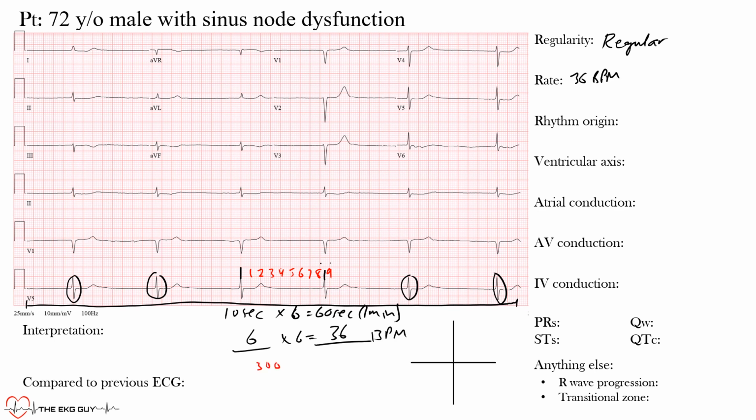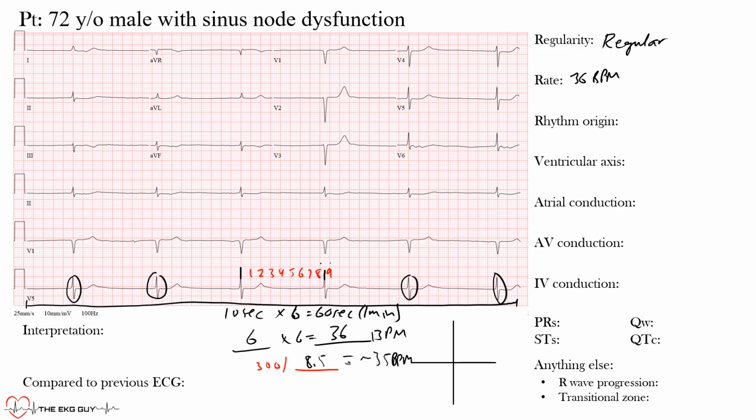So what you would do from that point is then take 300. This is a number that we won't get into here, but it's pretty much the big box over 1 minute, and you do 300 divided by the number of thick lines that we found to be 8.5, between the R waves or within that R to R interval. If you were to do this, you'd get an estimate of about 35 beats per minute.